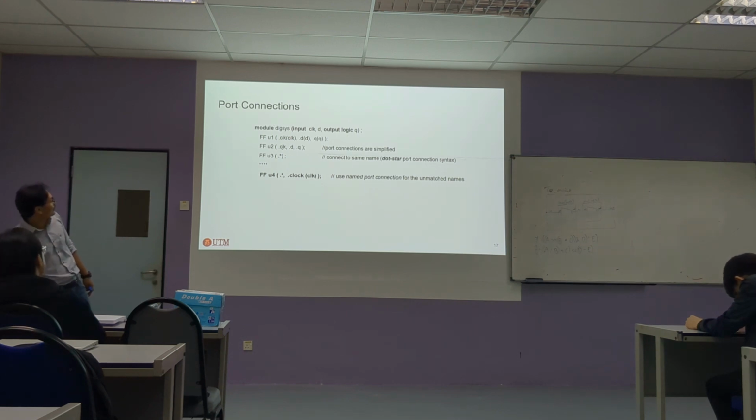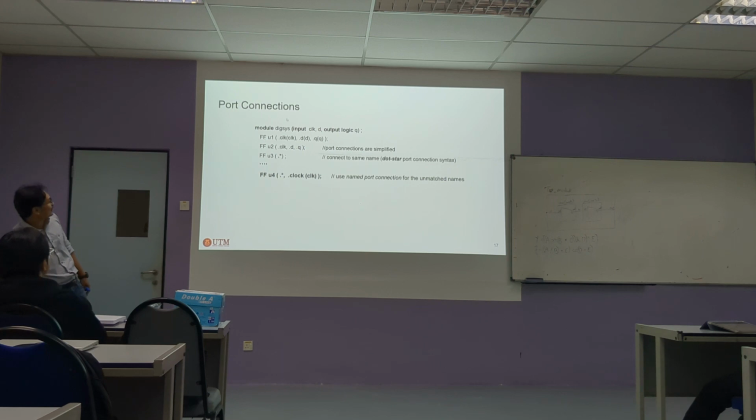And then number two is dot D dot Q. So this one because it's the same name, so dot clock automatically will be connected to the clock here. Okay, this D will be connected to this D, and this Q connected to this Q. Okay, and then the dot star, if you have the same name, clock D Q, the same name, FF port you have clock D Q. Okay, then you can do dot star, then you automatically will match the name.